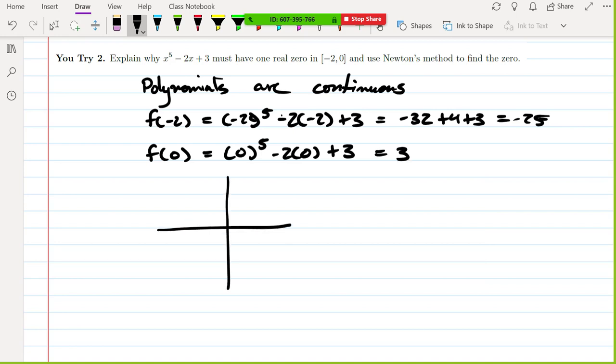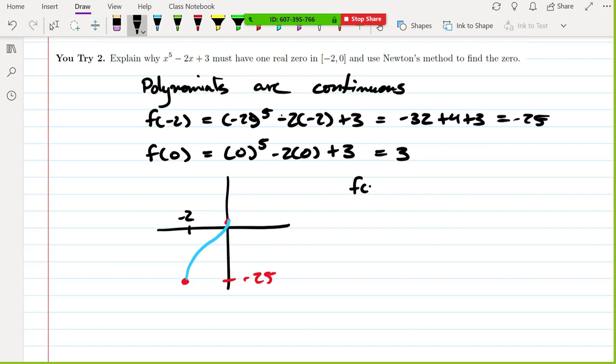So if we drew a quick sketch from negative 2 to 0, we would know at negative 2 we're down here at negative 25, and at 0 we're at like positive 3. So that means at some point between negative 2 and 0, our graph had to cross the x-axis.